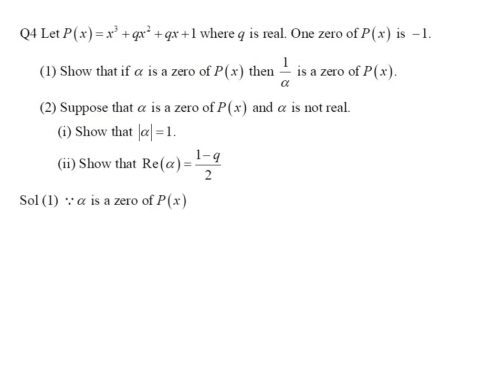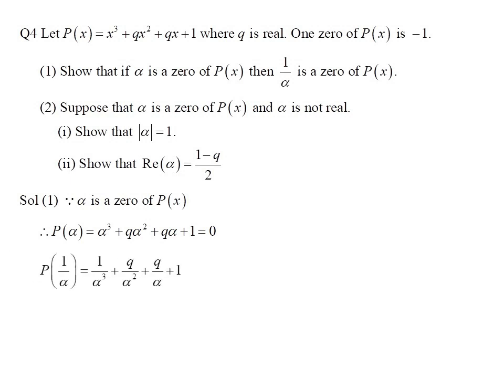Since alpha is a zero of p(x), the polynomial equation becomes alpha cubed plus q alpha squared plus q alpha plus 1 equals 0. Now we replace alpha by its reciprocal, so we have the expression 1 over alpha cubed plus q over alpha squared plus q over alpha plus 1.